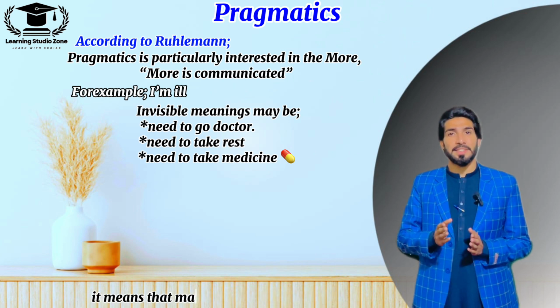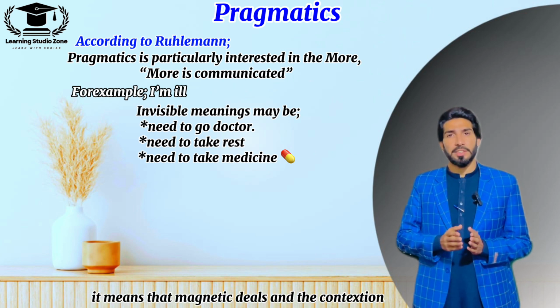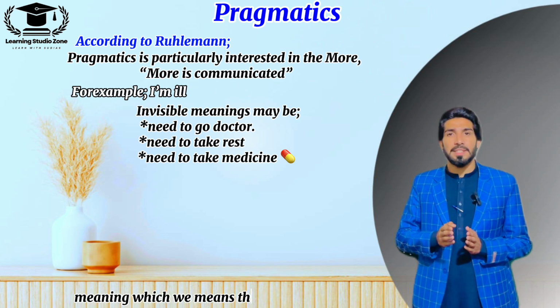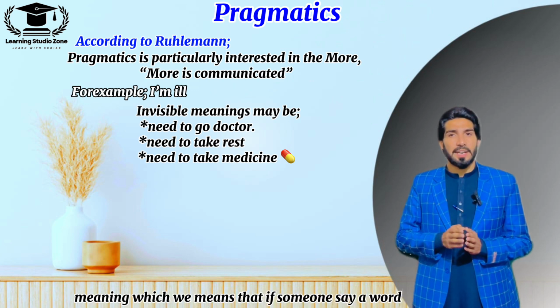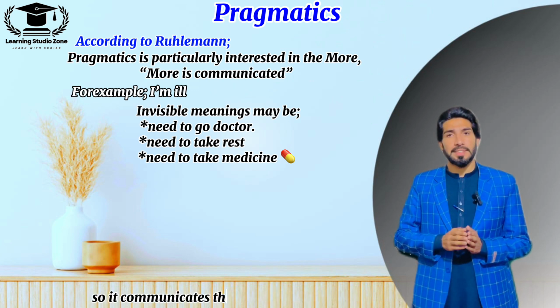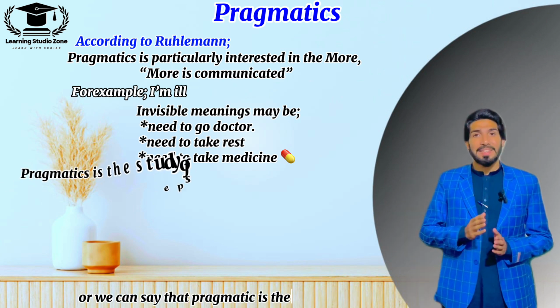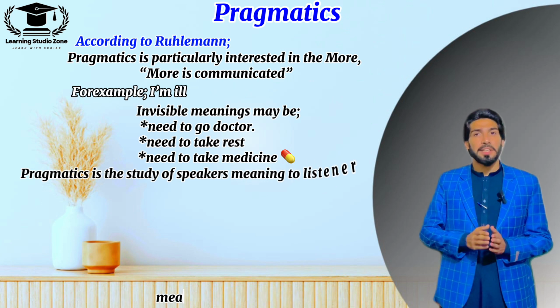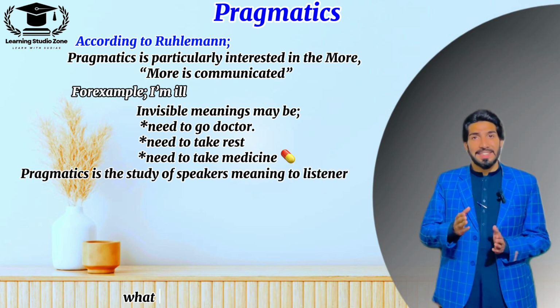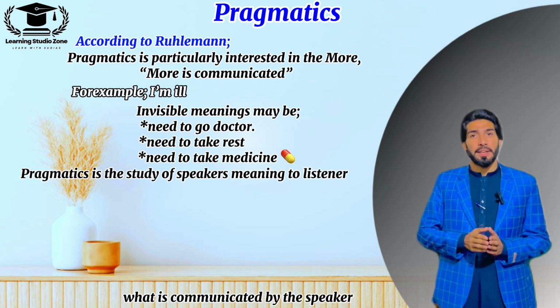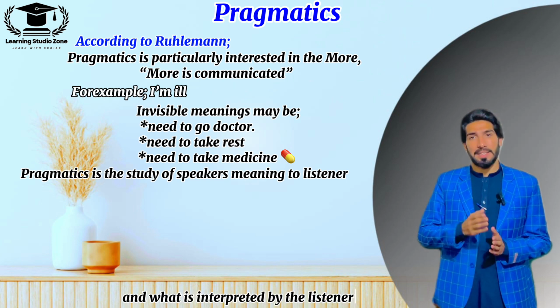So pragmatics deals with the contextual meaning, which means that if someone says a word, it communicates different meanings to us. Or we can say that pragmatics is the study of speaker's meaning to the listener, as in what is communicated by the speaker and what is interpreted by the listener.